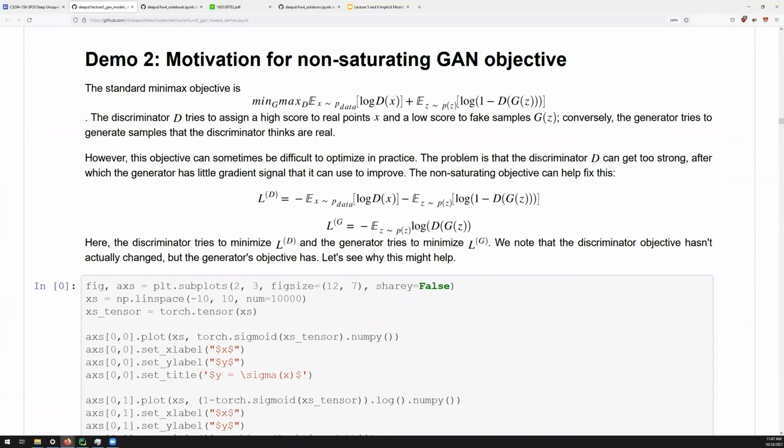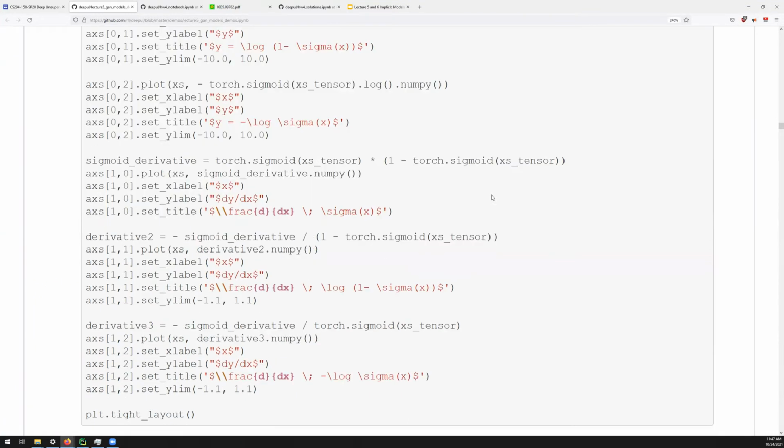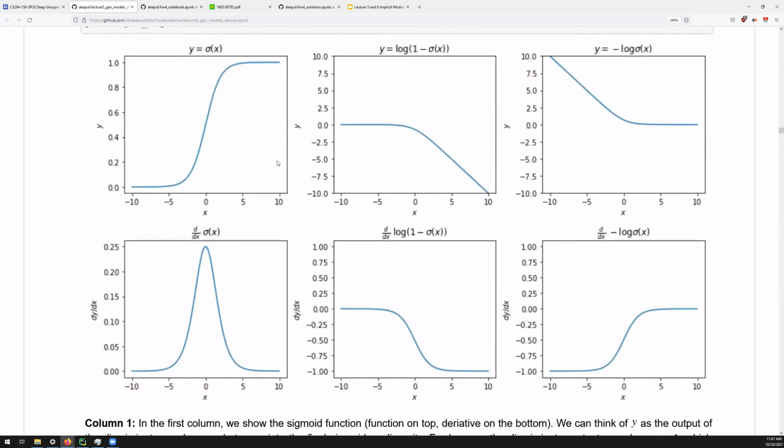So the problem of the discriminator could be changed. This was the drawing of the sigmoid, and then the derivative of the sigmoid, the log of the sigmoid, and then the derivative of the log of the sigmoid, and then the negative of the log of the sigmoid, and the derivative of the negative of the log of the sigmoid.